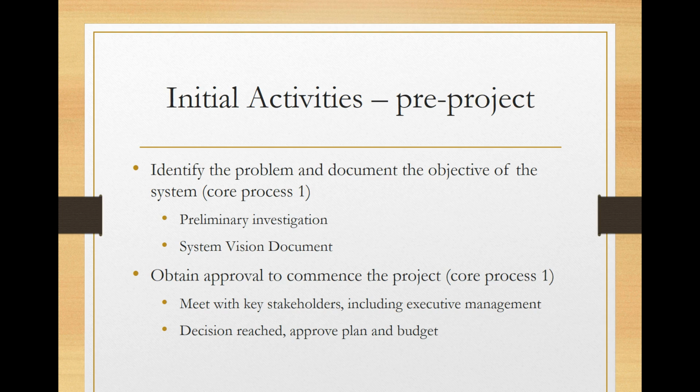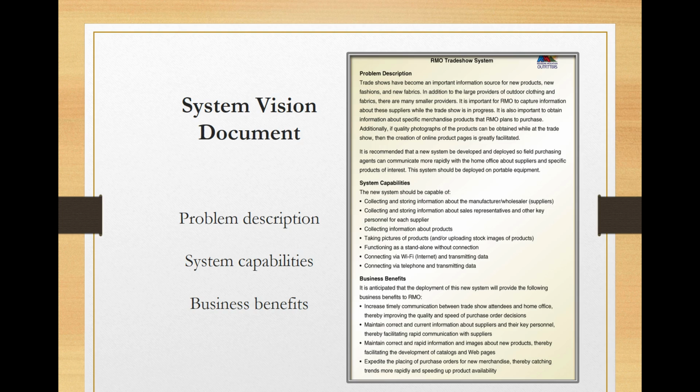That's what we're talking about. So we met with them, the decision was reached, we said, hey, let's approve the plan, and we're going to find a budget. Great. So this might well be a document, something similar in your own project, what you're doing for this, that says, here's what our problem is, here's what our system should be able to do, and here's what our benefits are.